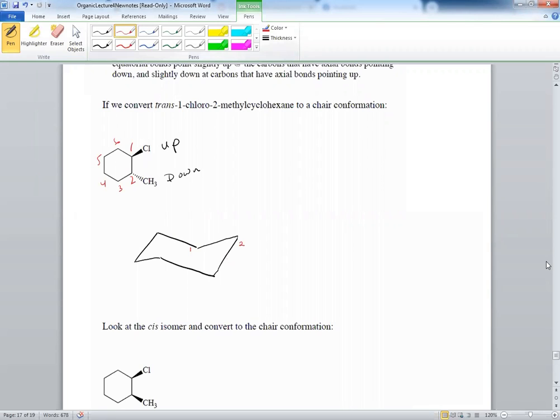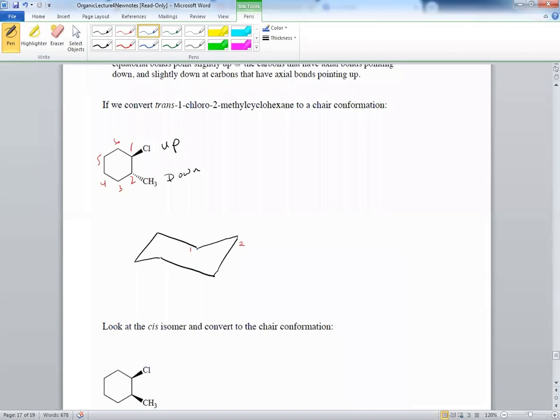Again, if we're looking at it from the top and you're trying to show the Cl on 1, remember you have 2 bonds. You have the axial, which is going down, and then you have the equatorial, which is going up to the side here, near the equator. Like I said, around the equator.